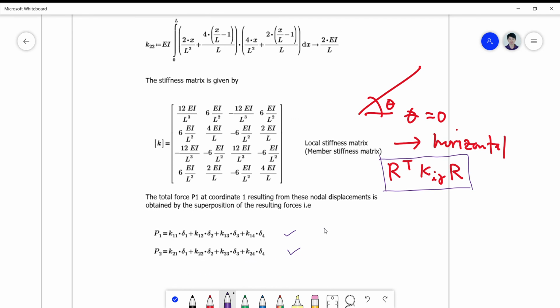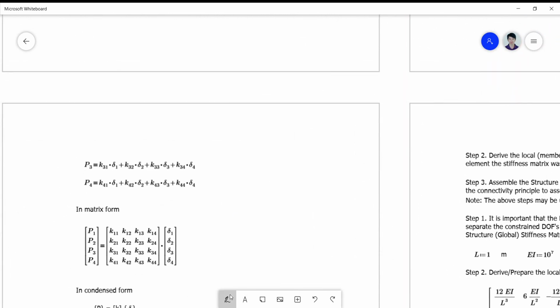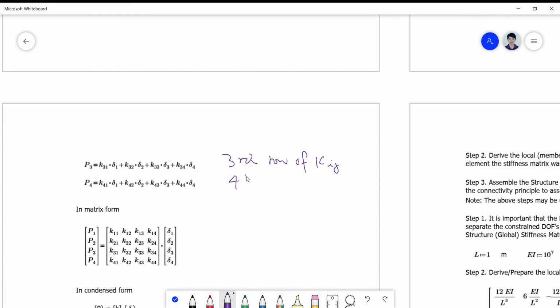This is actually the first row of K_ij. This is the second row of K_ij, this is the third row, and this is the fourth row of K_ij, such that this is the first, second, third, fourth.